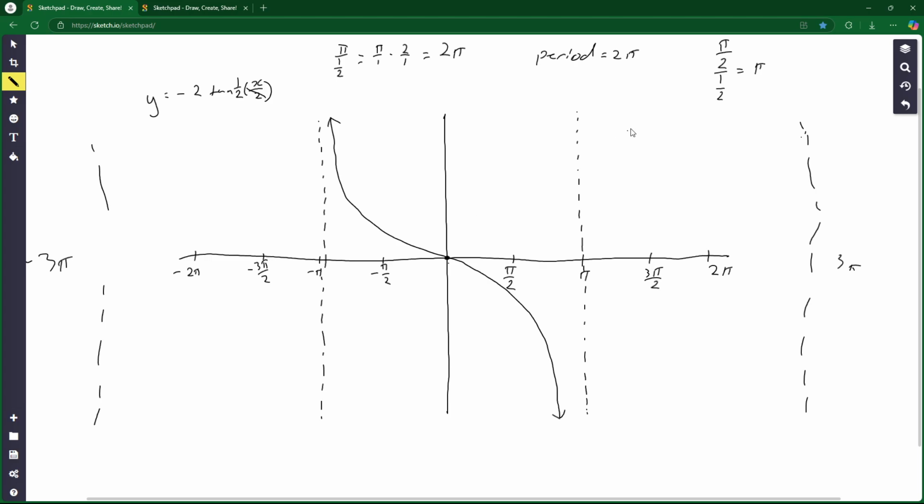Math likes to be that way. And then our next is going to be right here. And then this is going to come down. And that is the graph for this: y equals negative tan of x over 2, or y is equal to negative 2 tangent of x over 2.